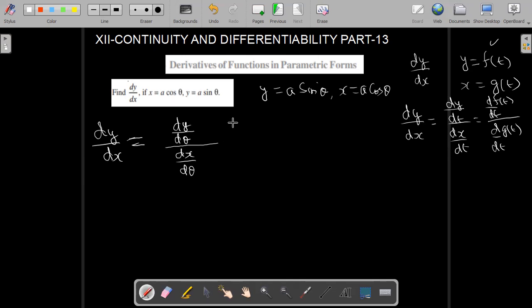Now substitute the values of x and y. So we get d by d theta of y, where y is a sin theta, divided by d by d theta of x, and x is a cos theta.